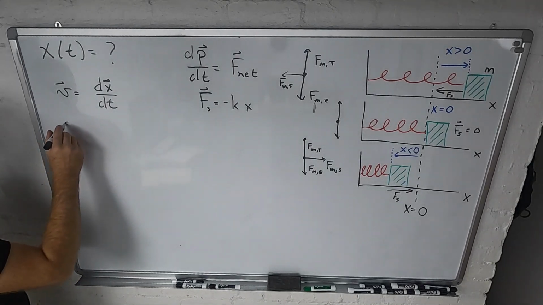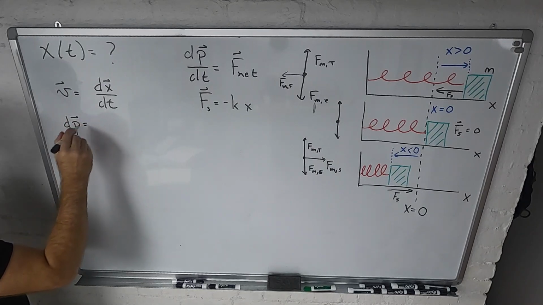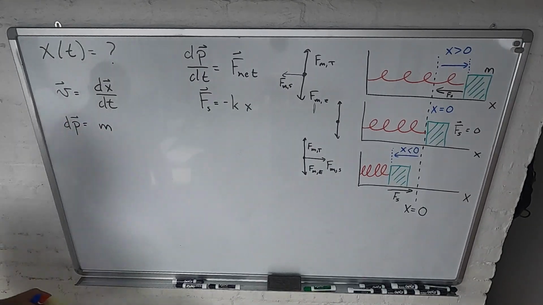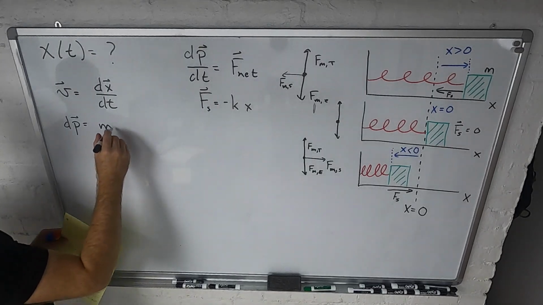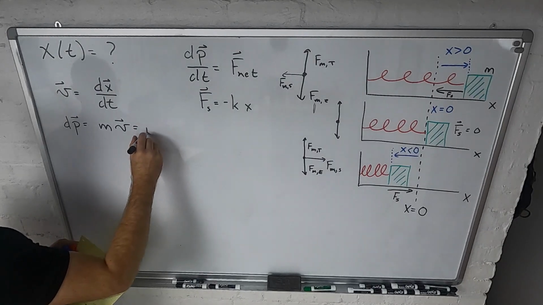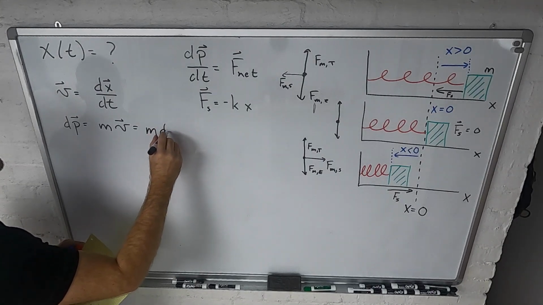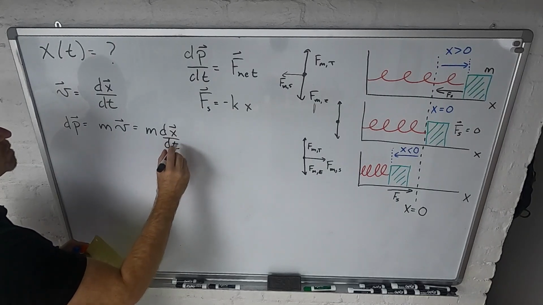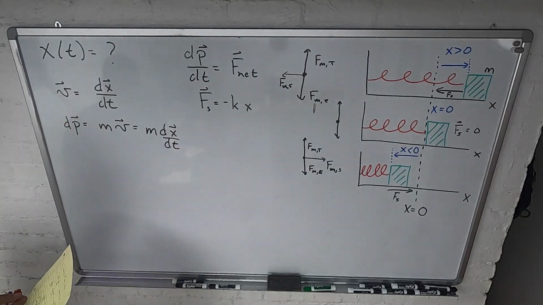So that p is now just equal to a mass times v, which is equal to mass times dx/dt. Okay, so that's pretty straightforward.